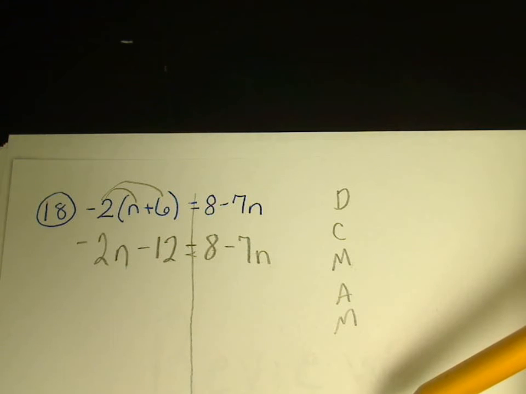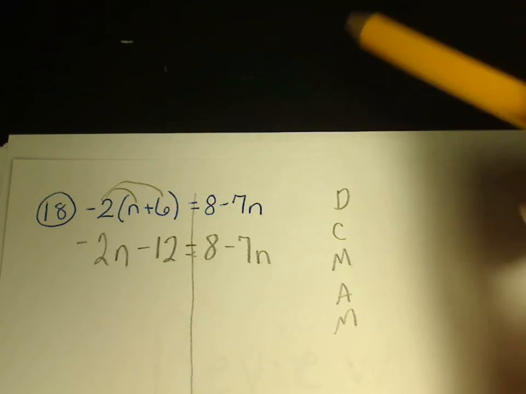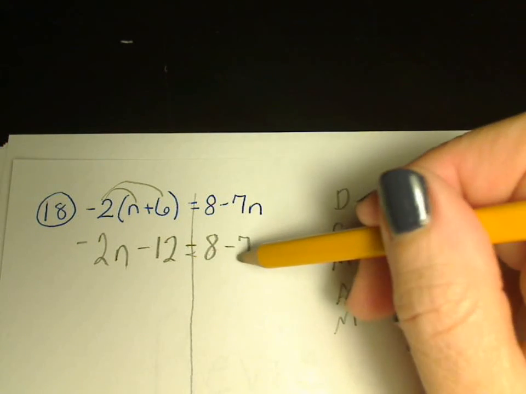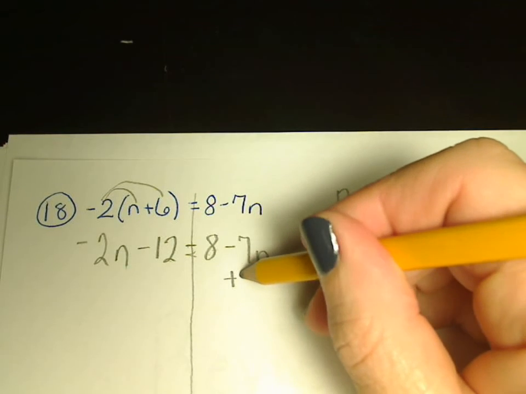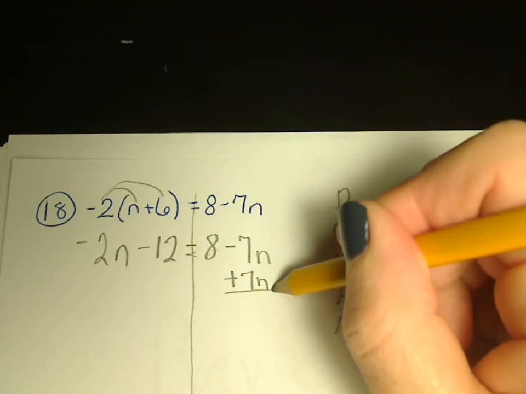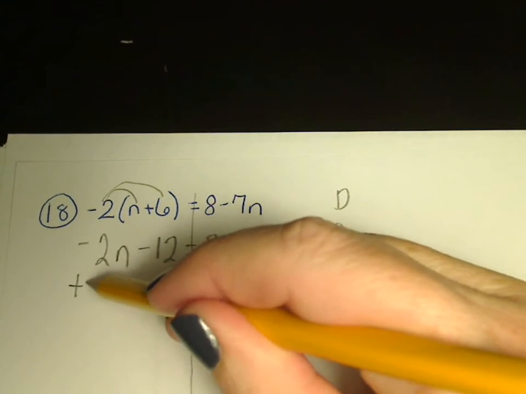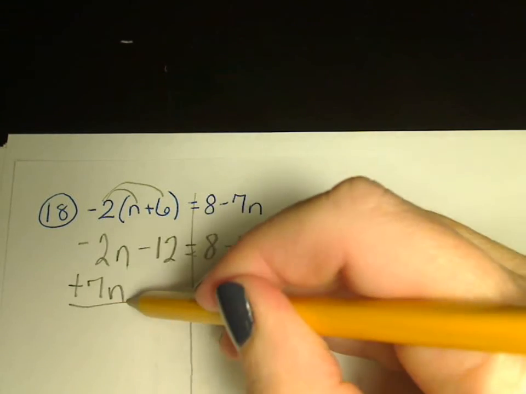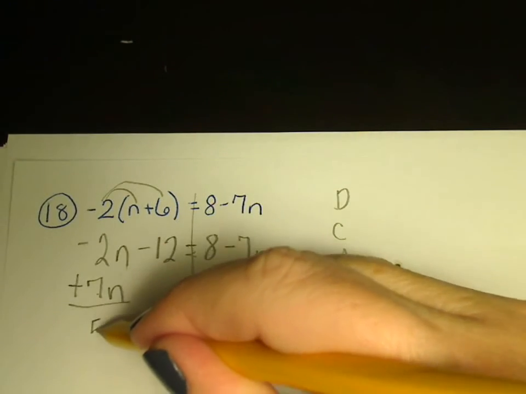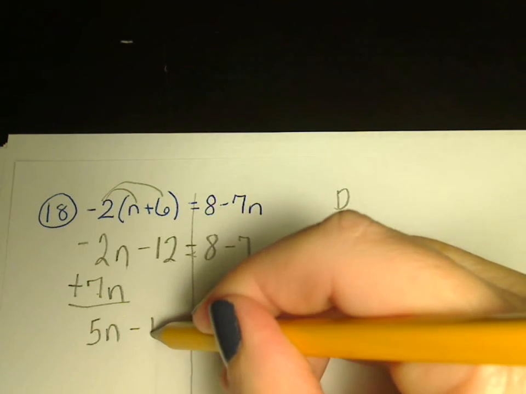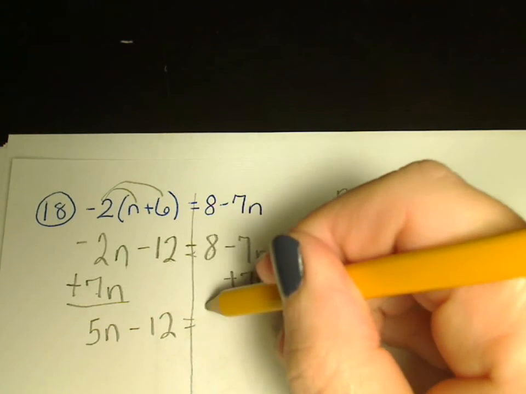Good, we're going to move the variables to the same side. So I'm going to actually move this one. The inverse of a negative is to add. So I'm going to add 7n. A negative 2 plus 7 is 5n. Minus 12 equals 8.